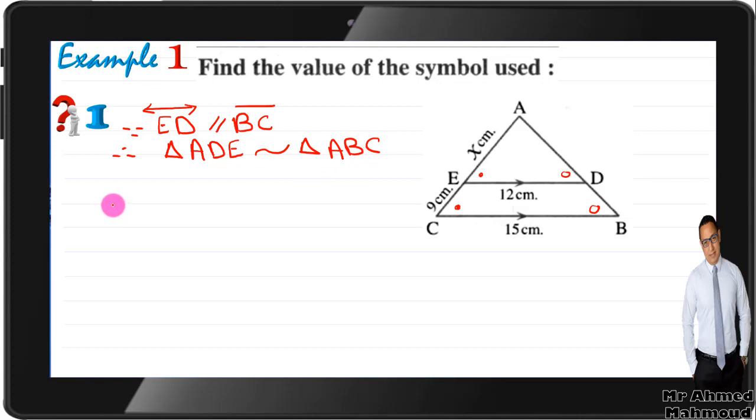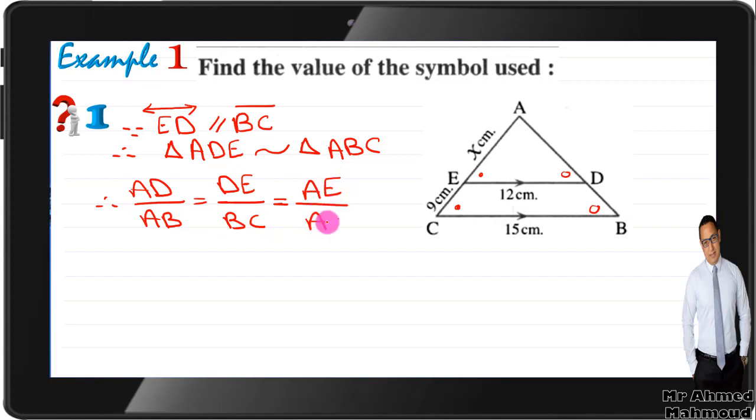Therefore, AD over AB equals DE over BC equals AE over AC, and then I'm going to substitute.